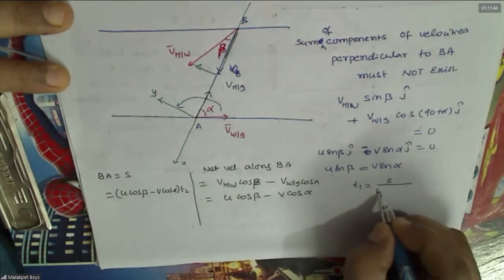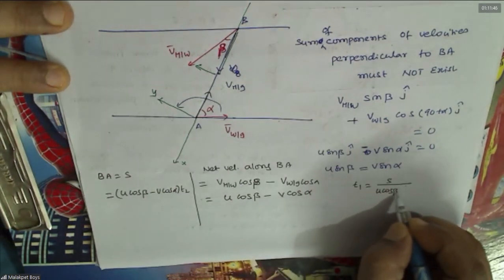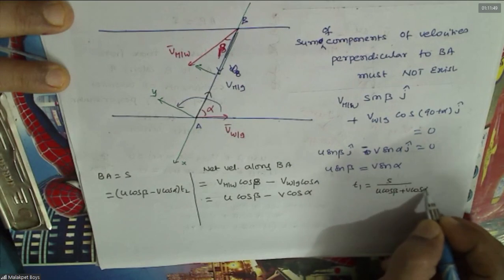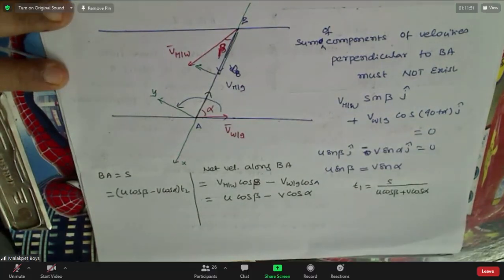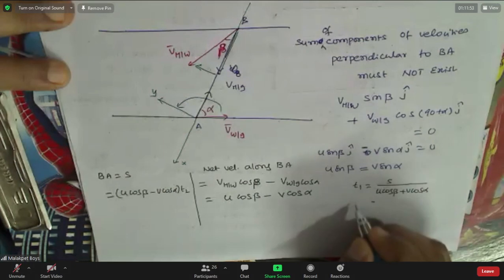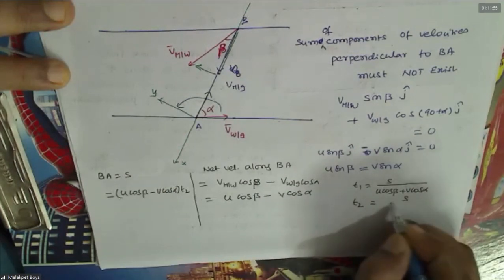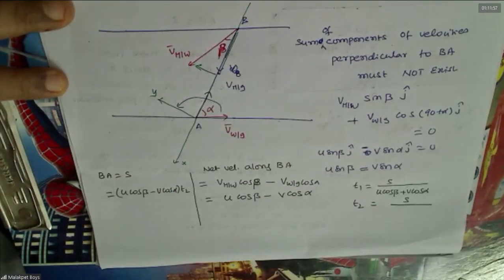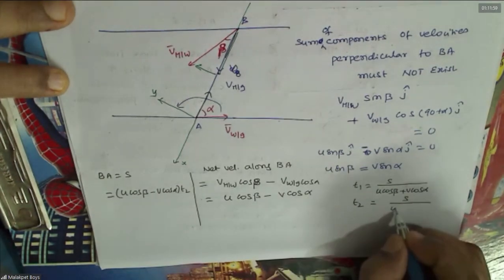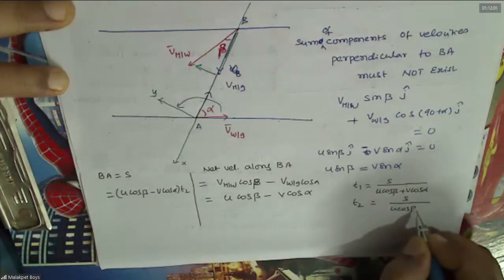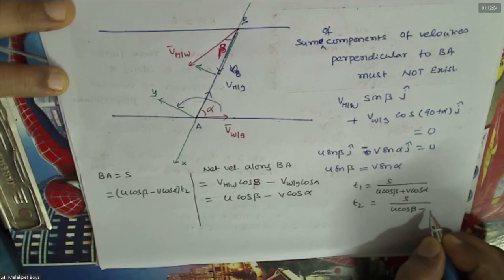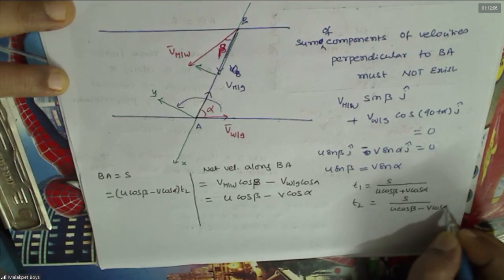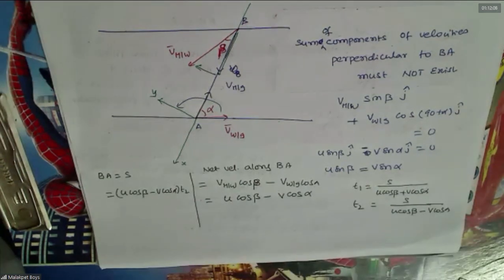And T2 is S by (U cos beta minus V cos alpha). This is T2, no?